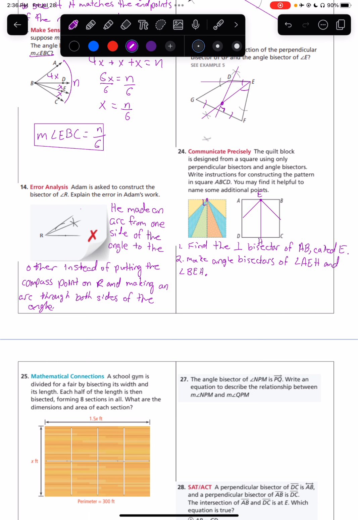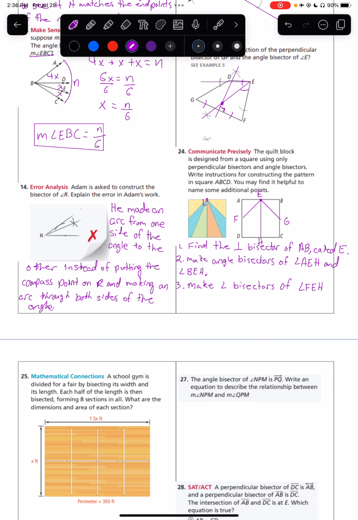Once we make those angle bisectors, we're going to make the other two angle bisectors that create the last two lines of our quilt square. I'm going to add in some more letters. I'm going to call this F over here and G over here. So then step 3 is going to be making two more angle bisectors. We're going to make the angle bisectors of angle FEH on the left.